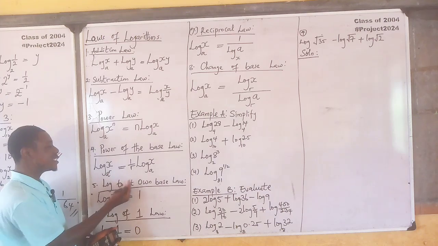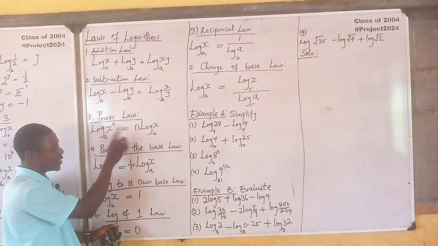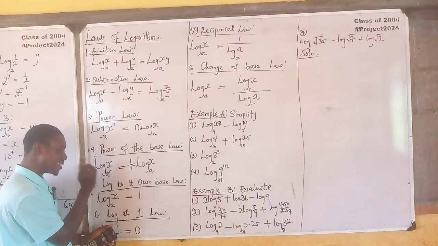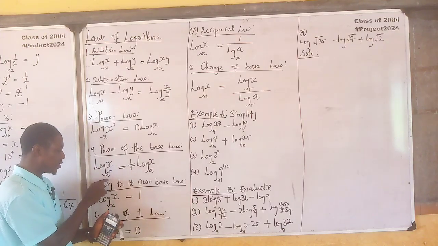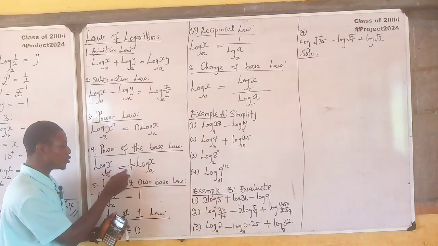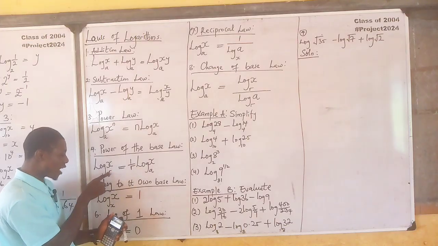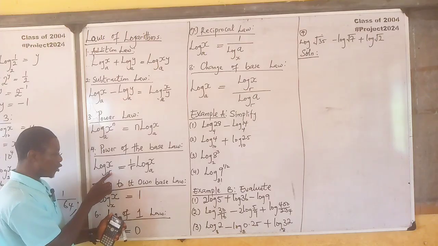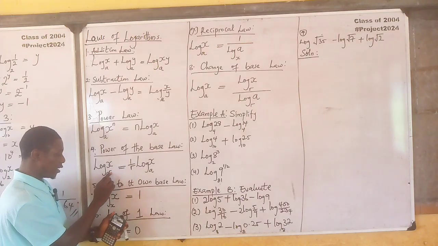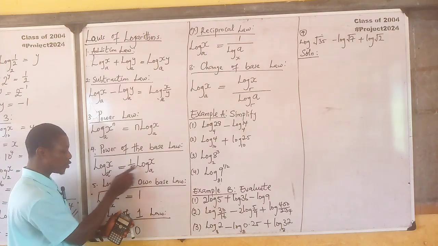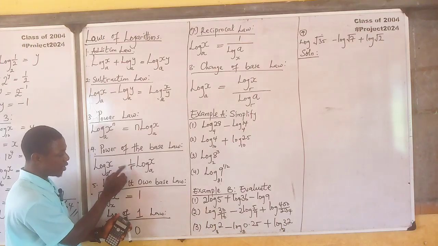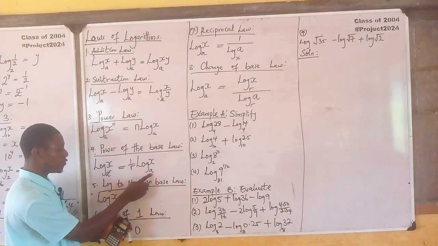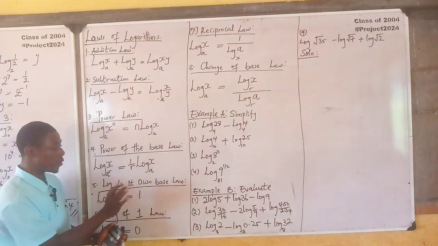Yes, the power is still going to multiply the log, but remember, since it is not the number itself or the x itself that has the power, but the base, what you're going to do is take the reciprocal of the power to multiply the log. That means any power you have on the base, you're going to do 1 over that power and then use it to multiply the log. So that is why this r becomes 1 over r here, multiplying the whole of the log, which is log x to base a. Remember, you have removed the power of a already.